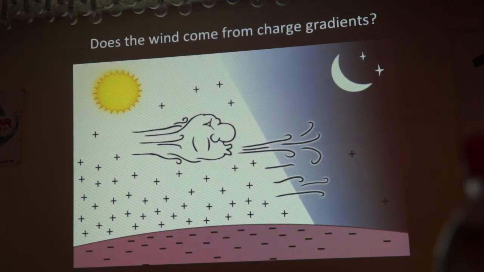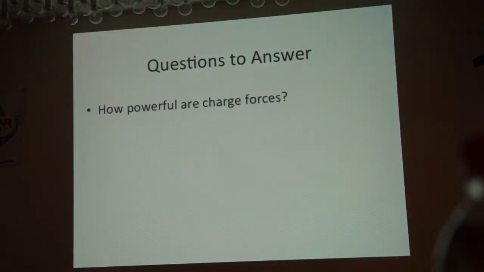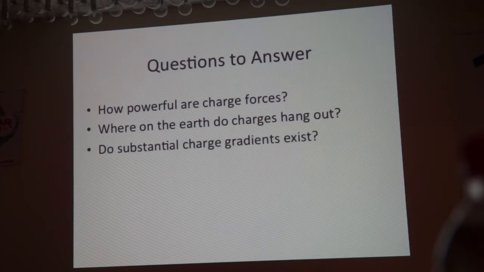Okay, so the questions that I want to answer during this time: we think of charges as being trivial. There are a few static charges. You may get a shock if you touch something in the winter and it's dry and windy. But how big are these forces? Trivial or more? And where do the charges on the Earth actually hang out?